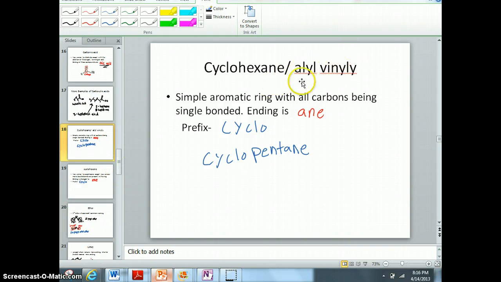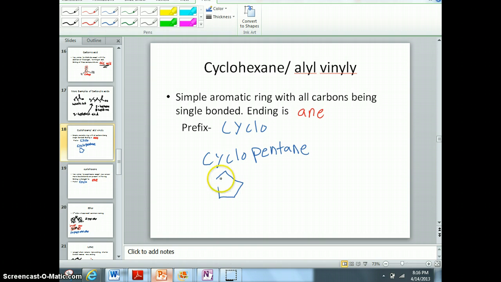Cyclohexenes plus allyls and vinyls. Simple ring with all carbons being single bonded. Ending is ane, just like in all our alkanes, and our prefix is going to be cyclo. So we have the term cyclopentane. From the word, we can write what this is. We know it's in a ring shape. 1, 2, 3, 4, 5.